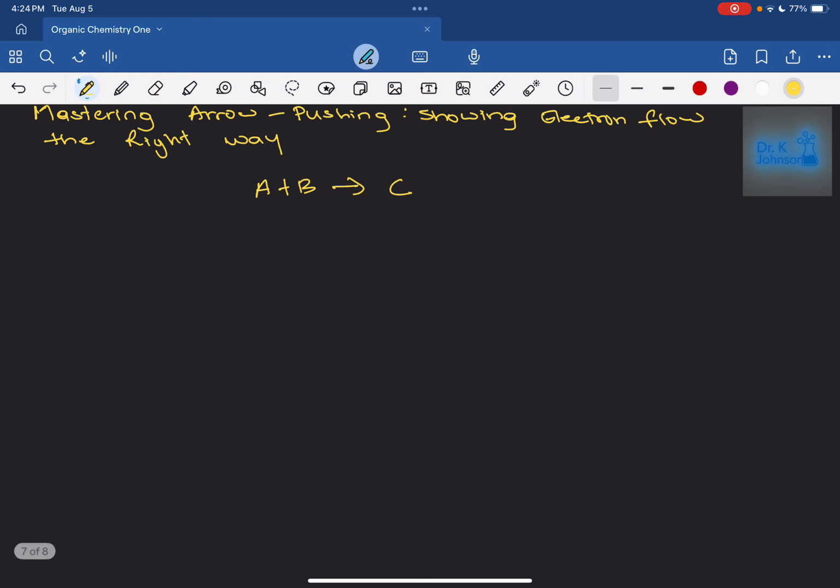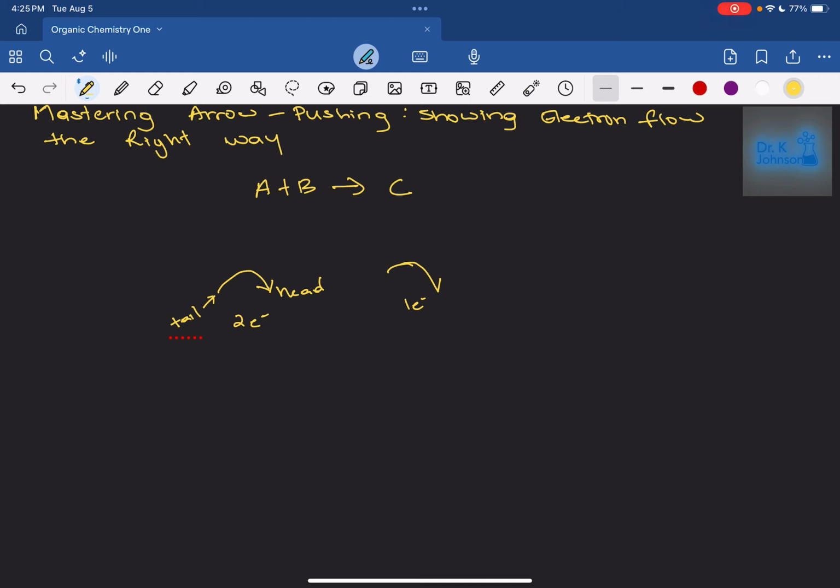A double-headed arrow shows the movement of two electrons. This is the tail, or the end of the arrow, and this is the head. You can also have a single-headed arrow, which of course shows the movement of one electron.